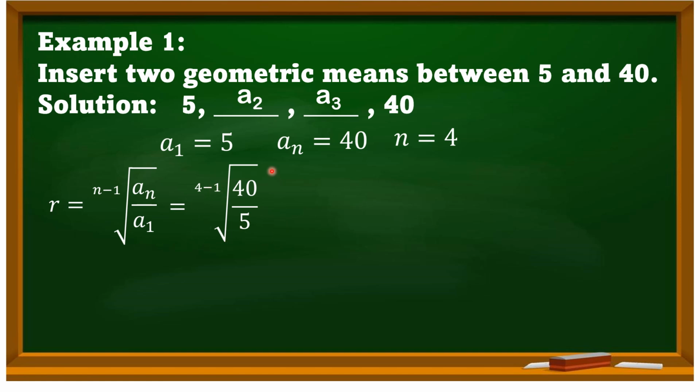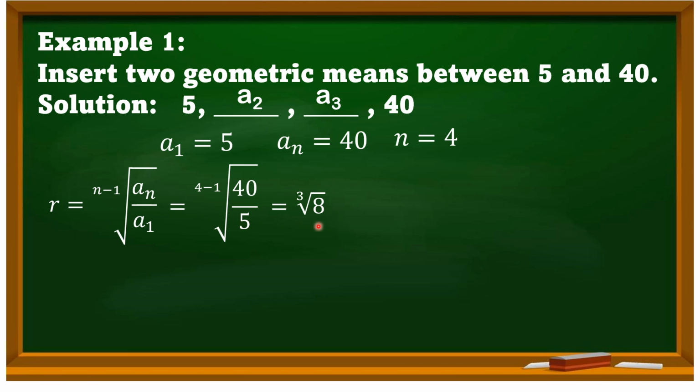After the substitution, we simplify. We get the difference of 4 and 1, and we also divide 40 by 5. So 4 minus 1 is equal to 3, and 40 divided by 5 is equal to 8.